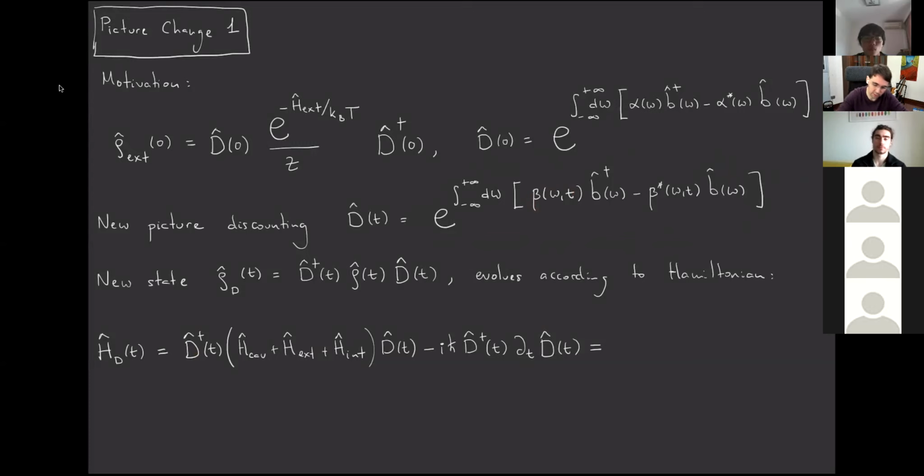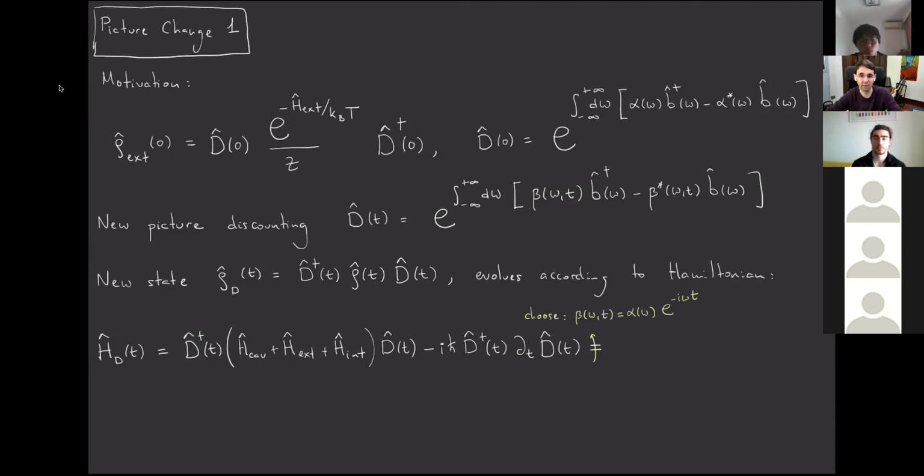So what you can see in the lecture notes is that if you choose the obvious choice, which is this one here, so at time t, beta of omega t is just the displacement at time 0, rotating with the frequency omega for mode omega.